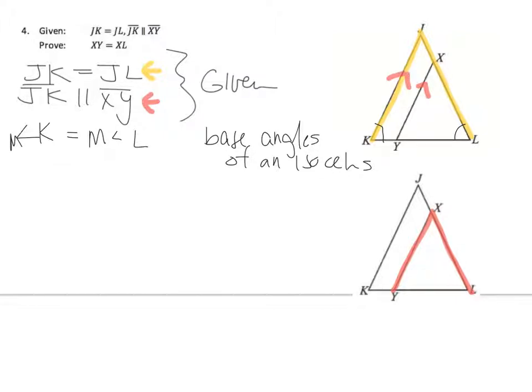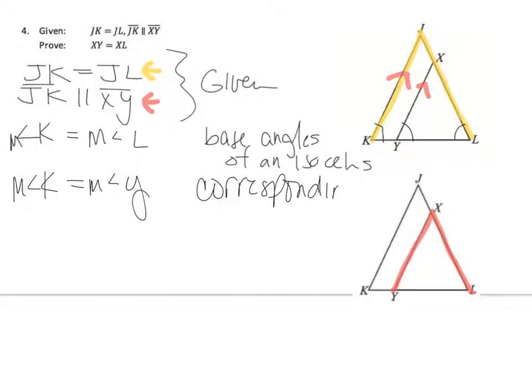Now let's use those parallel lines. If I have two parallel lines and a transversal, that means angle K is congruent to angle Y too. So the measure of angle K is congruent to the measure of angle Y because they are corresponding angles.